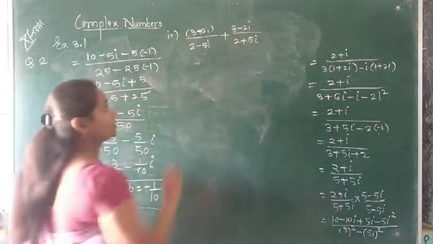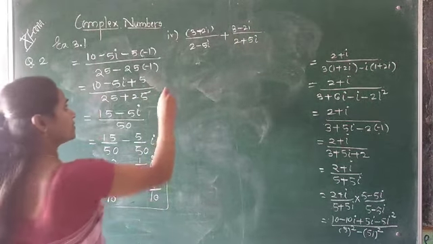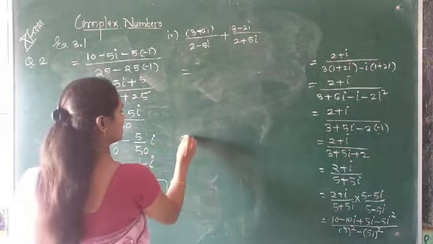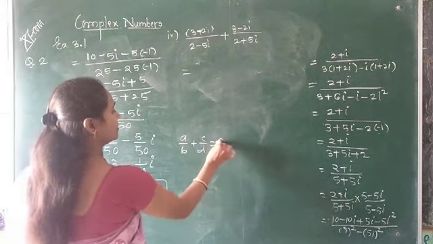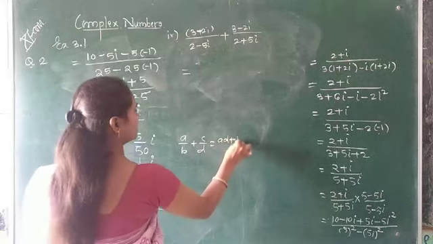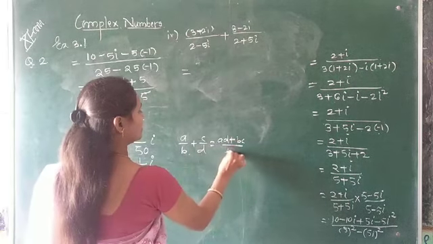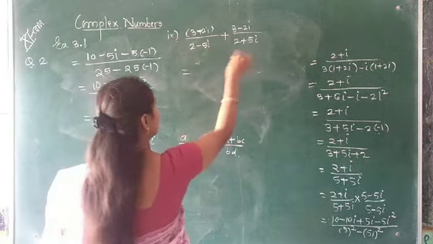We have to simplify these two complex numbers. So first we simply take cross multiplication: a upon b plus c upon d is equal to (a into d plus b into c) divided by b into d. Same we take here with cross multiplication.